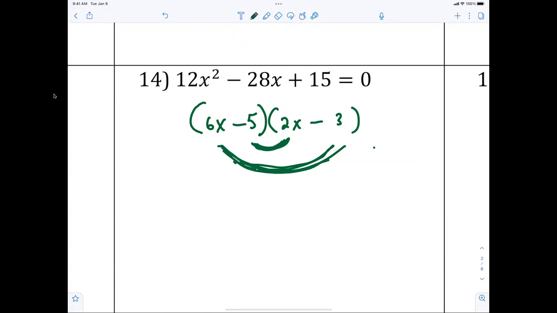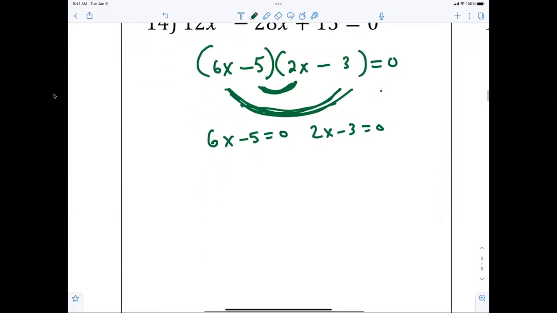Then you set the factors equal to 0. 6x minus 5 equals 0. 2x minus 3 equals 0. So x is equal to what? 5 over 6. And 3 over 2. Technically, it's an or, but it doesn't really matter. All right, it's an or. They can't be and. It's one or the other. Anybody have any questions?